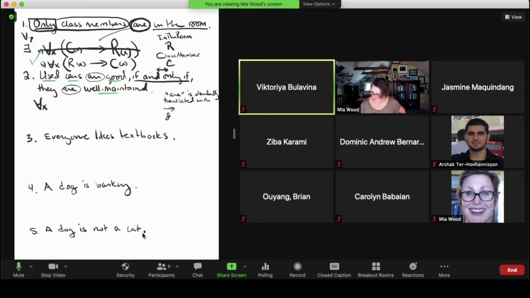Okay, so we've got things that are used, things that are cars, things that are good, things that are well maintained. Is it fair to say that "if and only if," by way of the punctuation, tells us that the two-way arrow is our main connective, right?